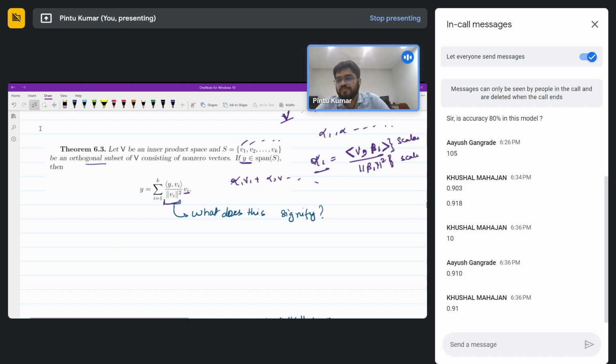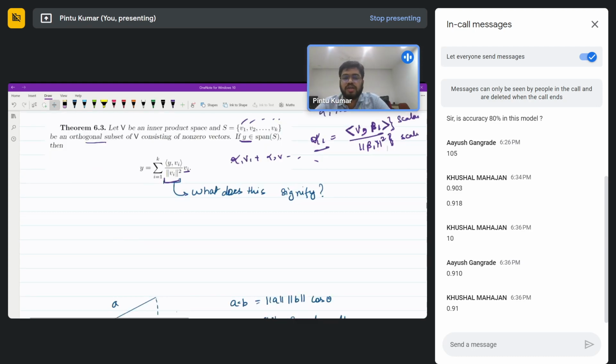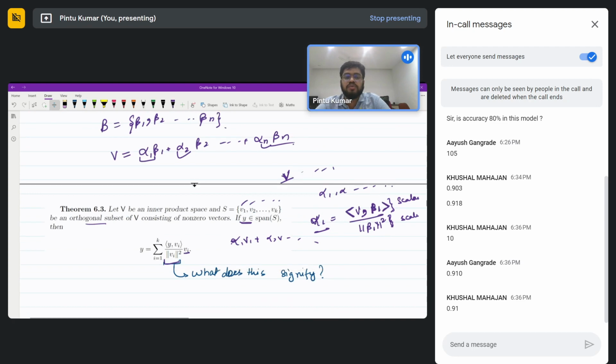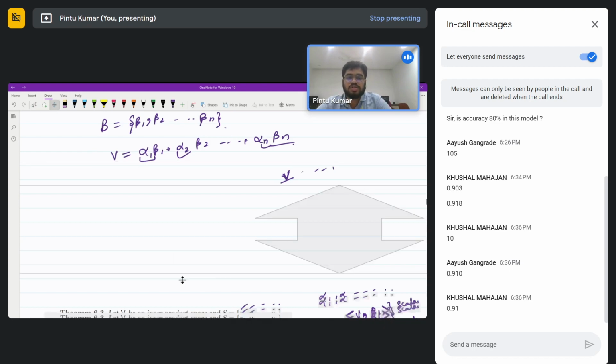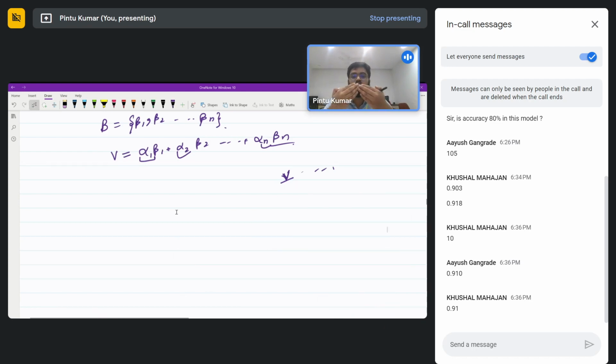Now I'll explain it again. I was motivating why we want an orthogonal basis for our vector space or any application. When we have an orthogonal basis, let's say beta 1, beta 2 up to beta n, and this is orthogonal, then without solving a system of equations, you can straight away find your alpha 1 using the formula.